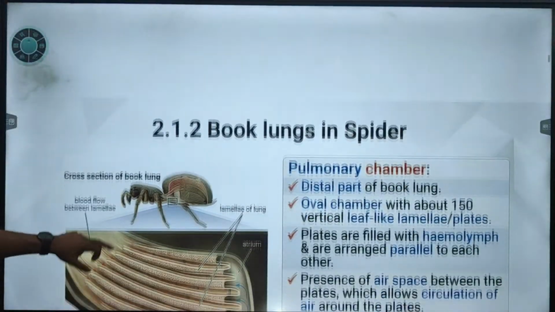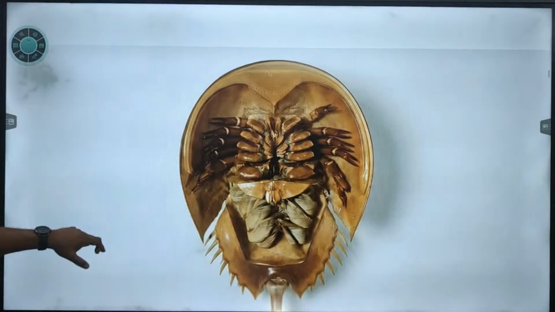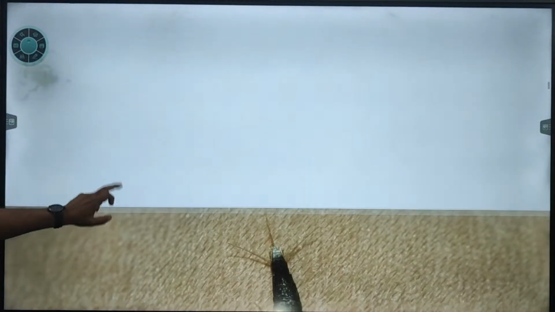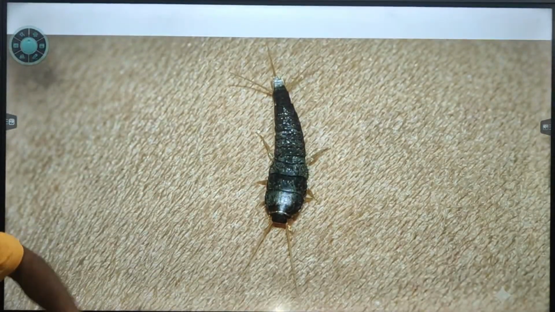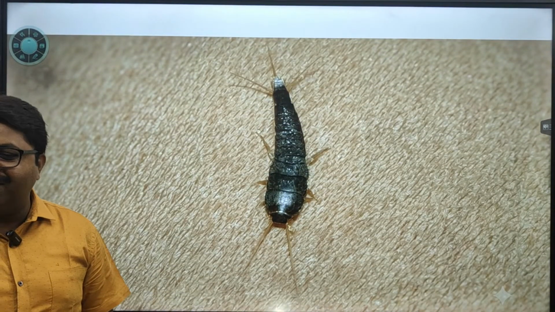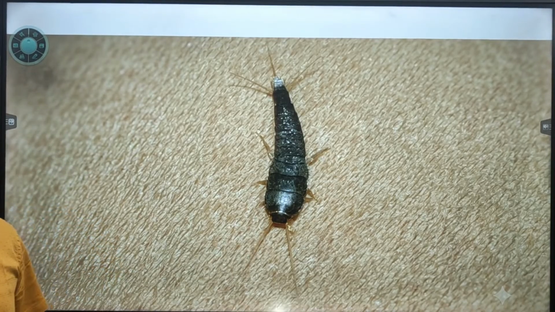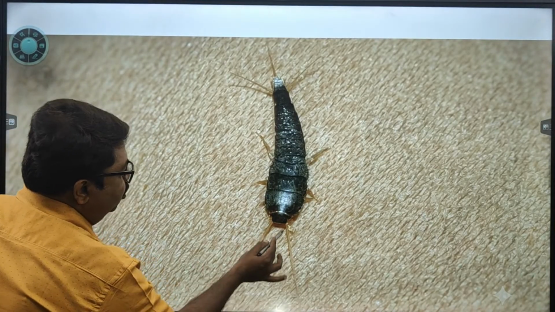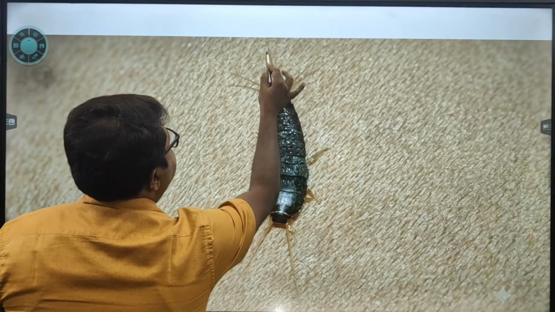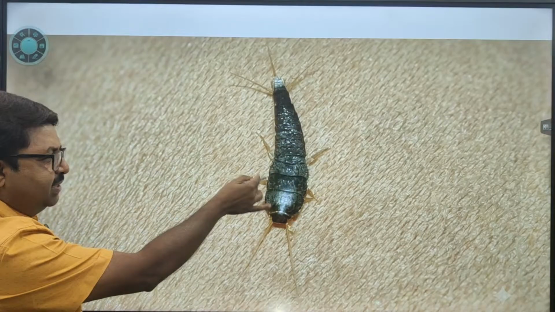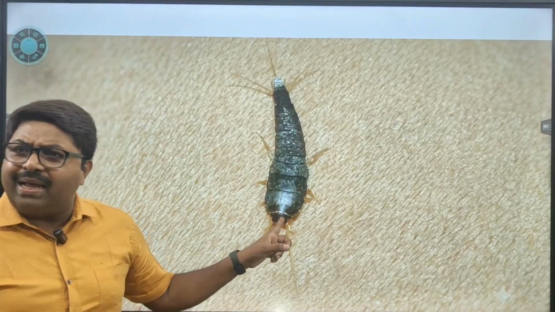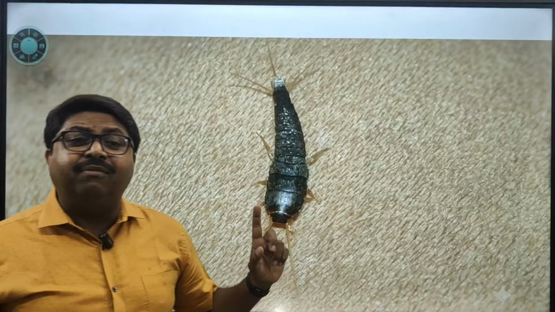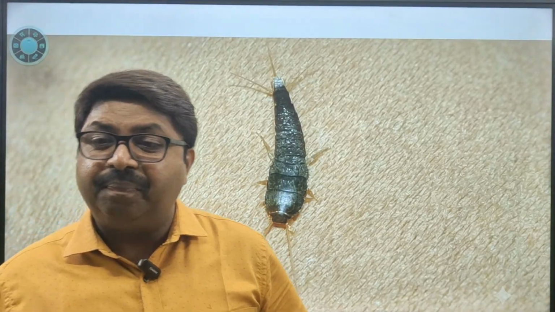And then this is spider. This is limulus, king crab. This one is lepisma. Yes, you have seen it. It is not this large, it is smaller. Two or three structures stick out at the back, and the structures look silver, and that is why the other term for this is silver fish.